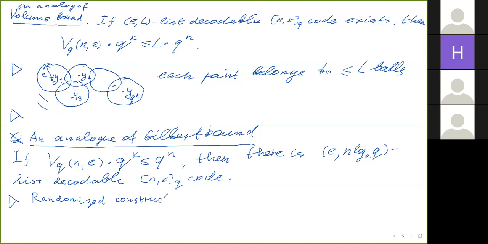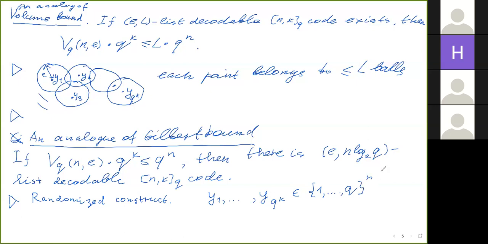We'll construct our set of codewords by picking codewords at random. So what does it mean? We pick independently Q to the K elements of our space.